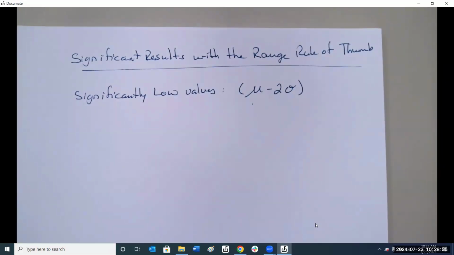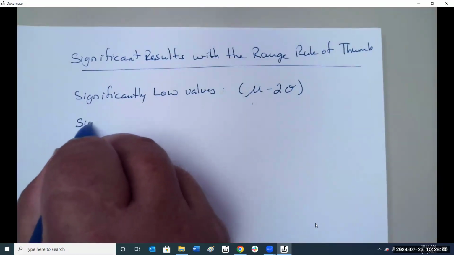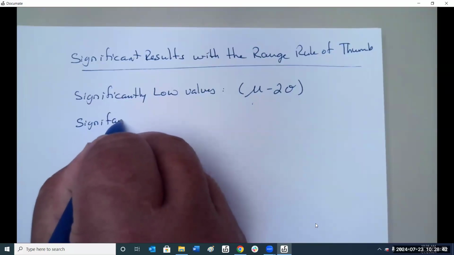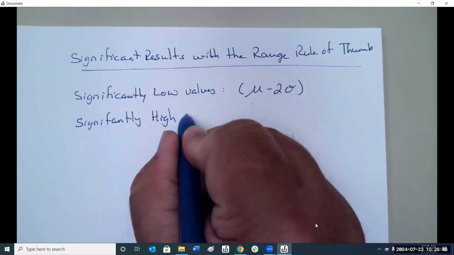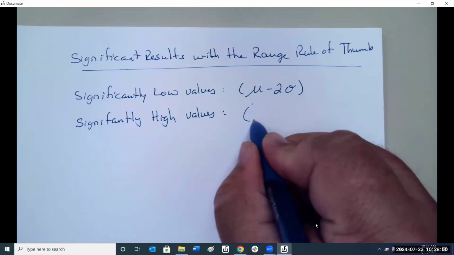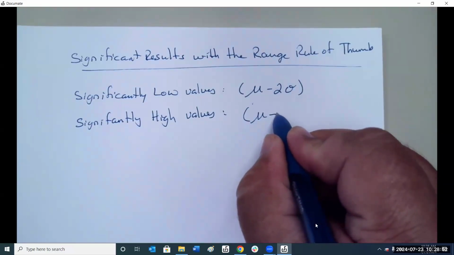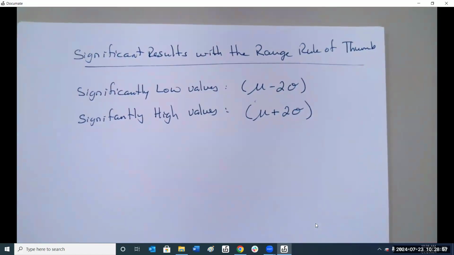Anything in the middle is not significant at all. So significantly high values are represented by mu, or the mean, plus 2 standard deviations. It's to the right of the mean.